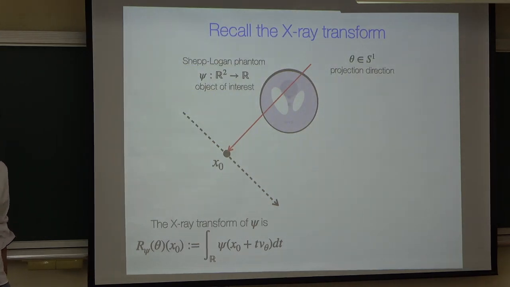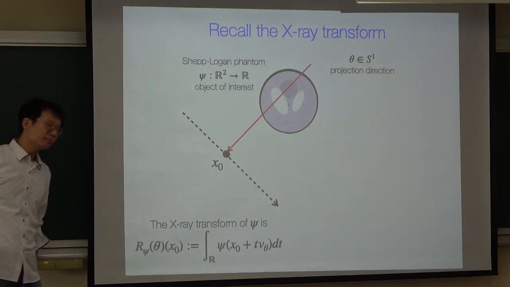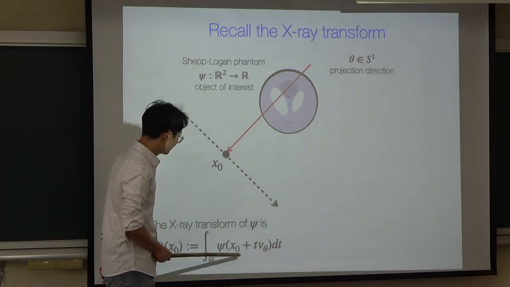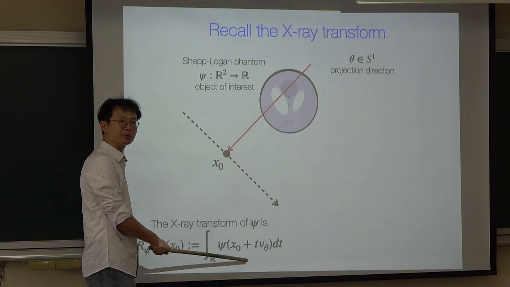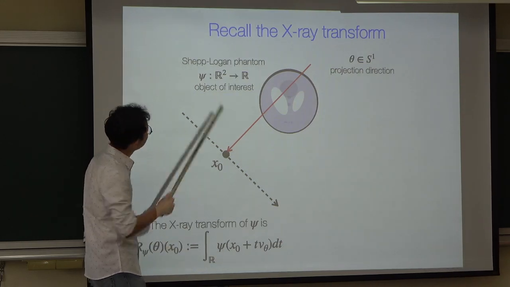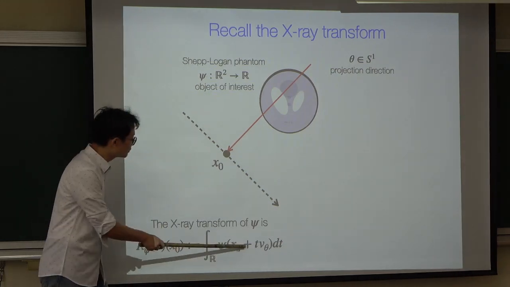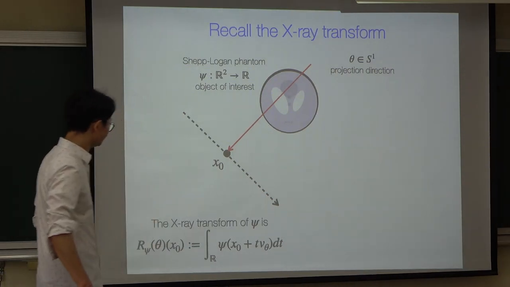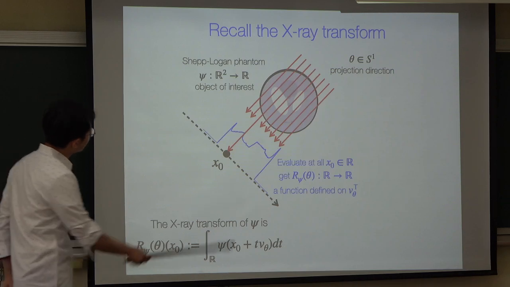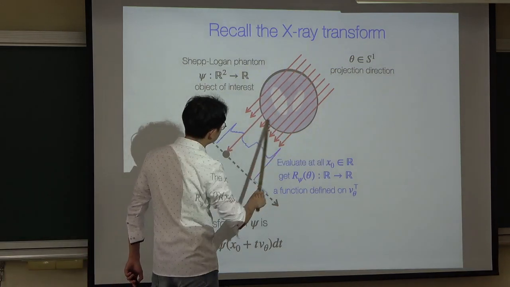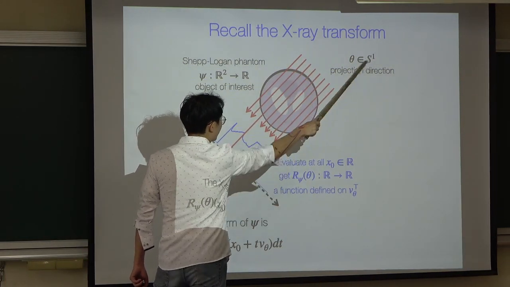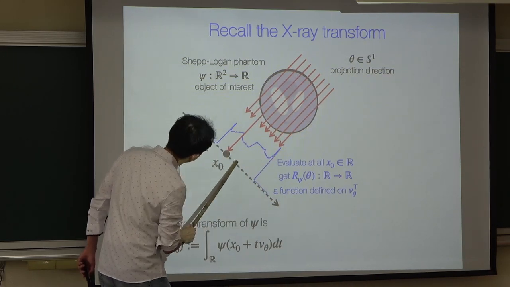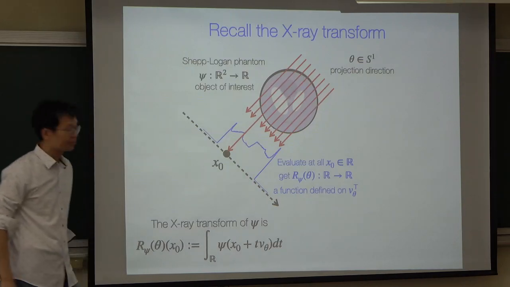That is kind of easy to understand, but you may pay attention to the meaning of psi. What does it mean to evaluate a function at one point? For example, if psi is just L2, what does it mean? But let's forget about this technicality and assume everything is good. Now you can consider all the projections with projection direction theta, but at different points on different projection lines.